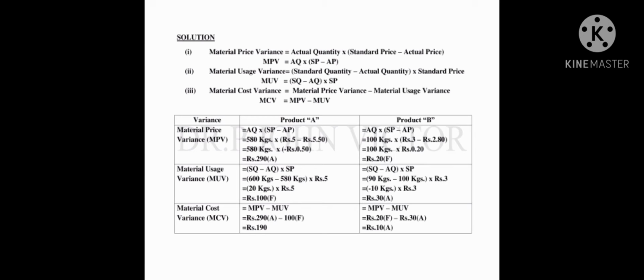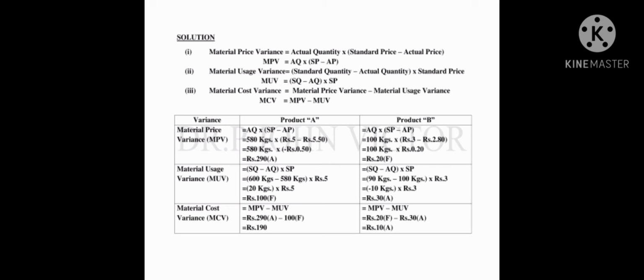Now you see in the bracket I have given A, meaning adverse. Adverse means the value is negative, because the 0.50, the 50 paisa, is the minus value. That's why I said we should not use the minus figure. Instead of that, in the answer we have to use A because of the minus value.